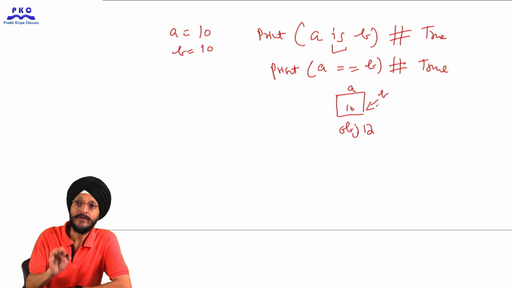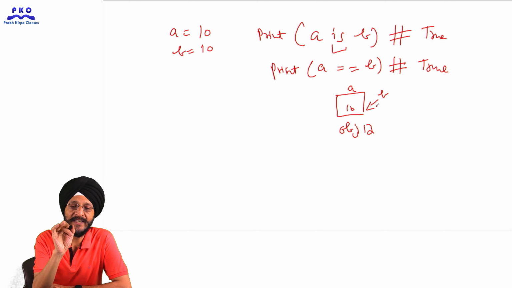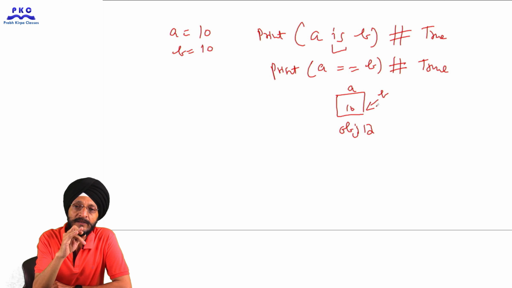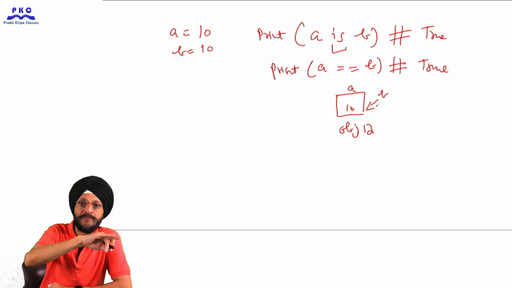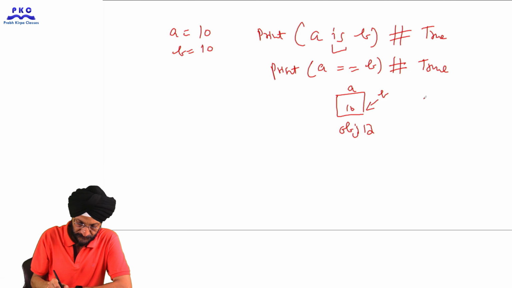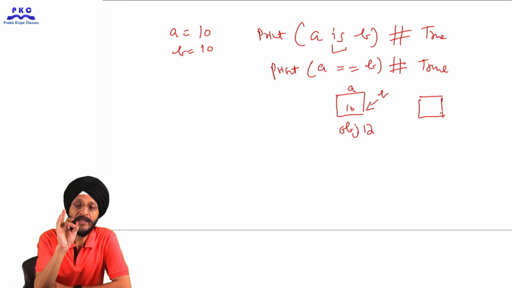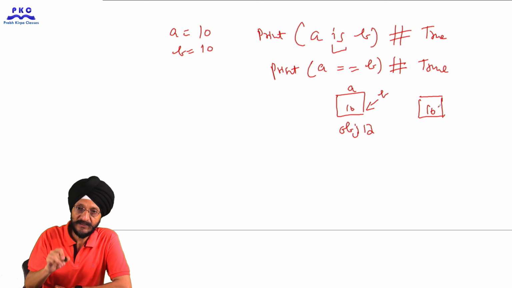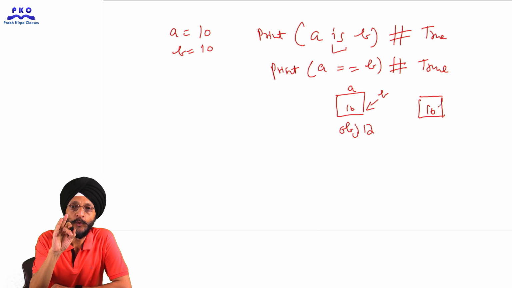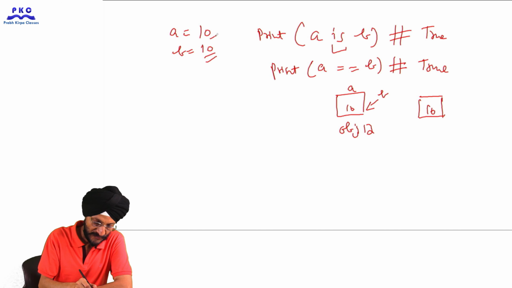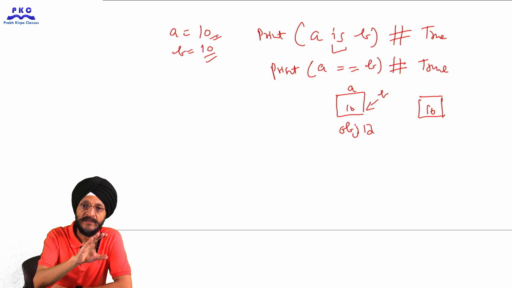Here the identity operator is checking the memory location of the object contained in the variable, but on the other side the equality operator is concerned with the value, that is 10, which is stored in the variable.